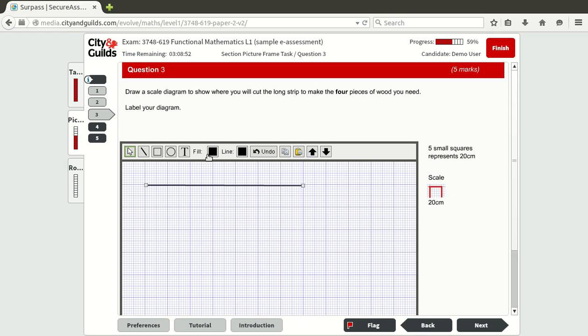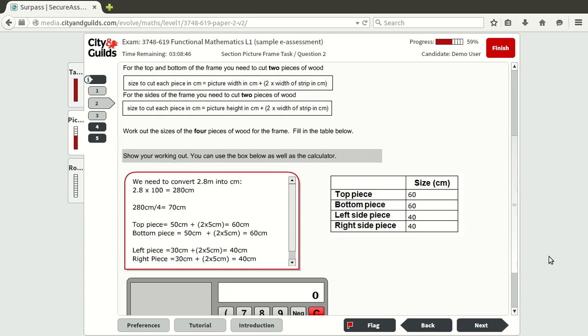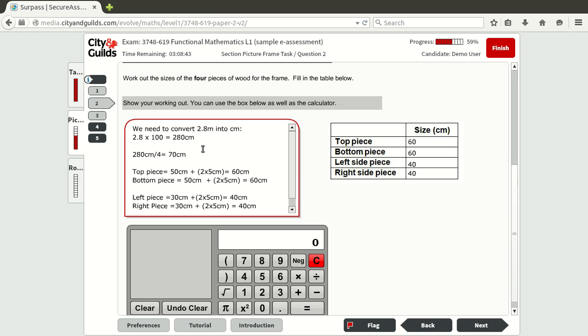And if we go back to our question 2, our strip, we converted our strip to centimeters. 280 centimeters. So we know that all we need is 280 centimeters.